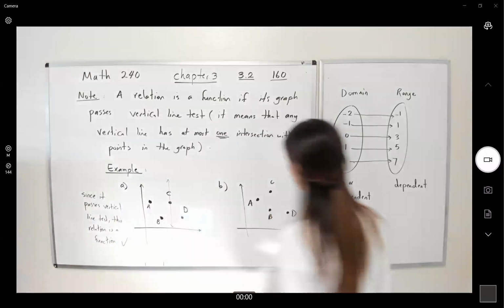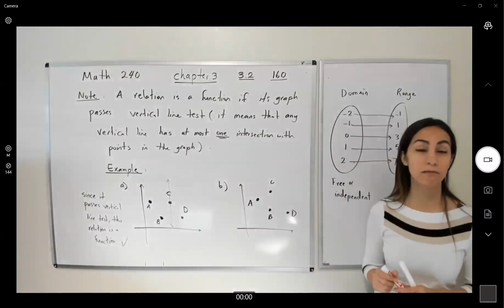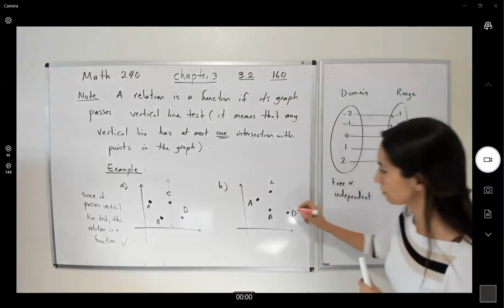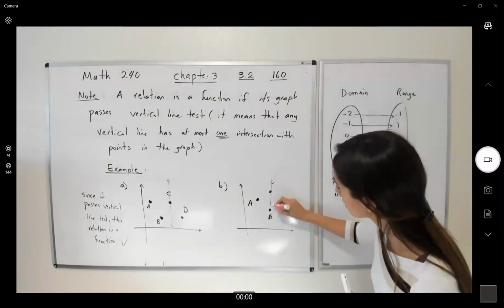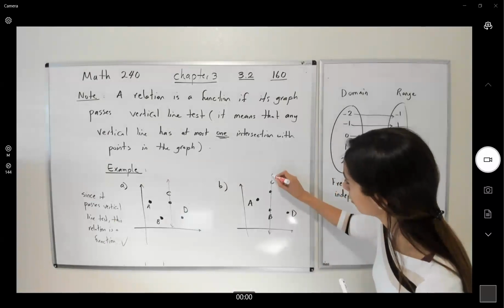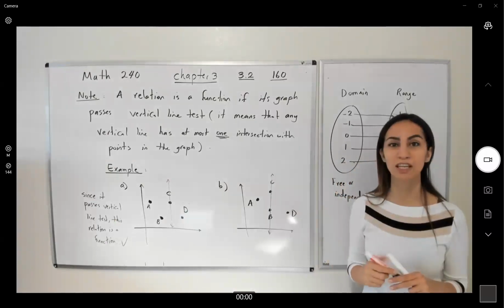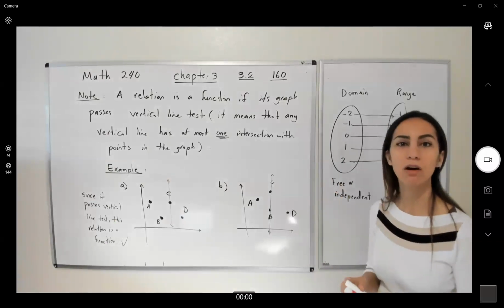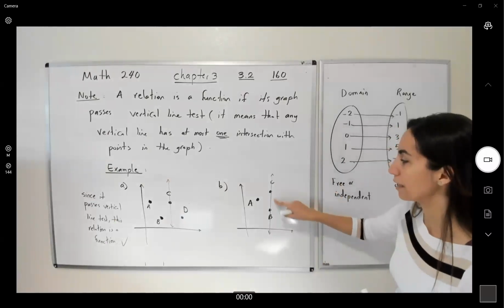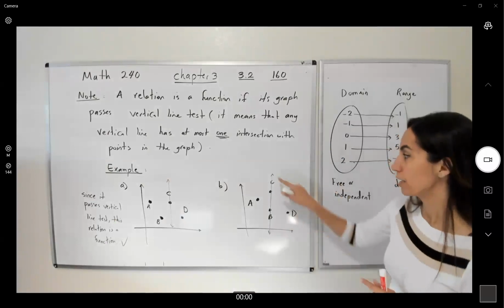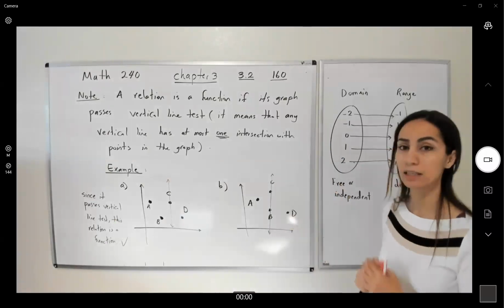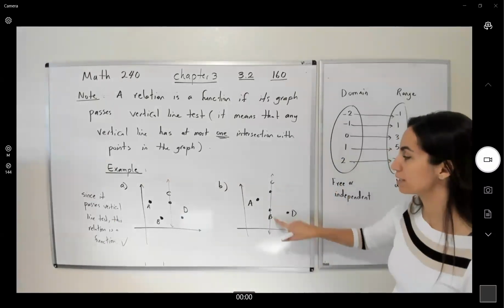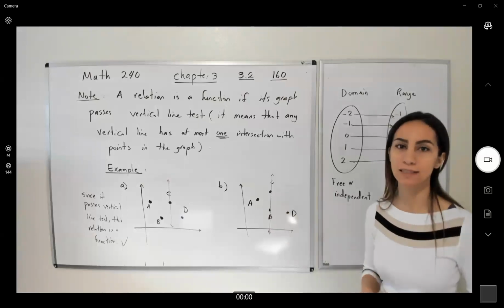How about this one? Let's take a random vertical line and see how many intersections we have here. Unfortunately, for this relation, a random vertical line has more than 1 intersection. This vertical line has intersection with points C and D at the same time.